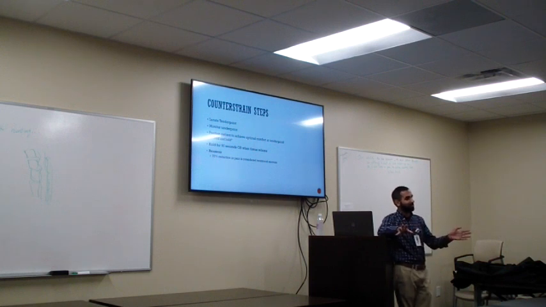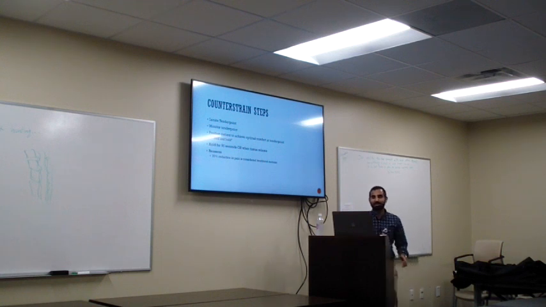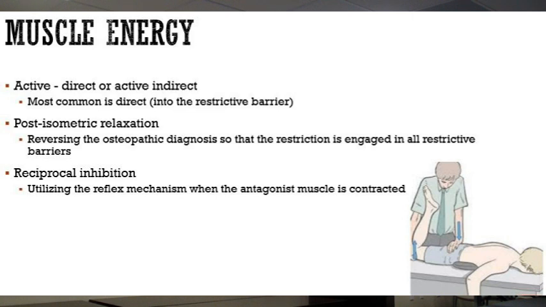Okay. All right. The other very common technique is muscle energy. Muscle energy has two distinct ways that you can do it, or two types of muscle energy, I should say.